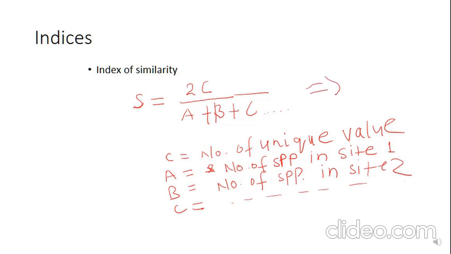If we are interested in estimating dissimilarity between different study sites, we just need to do one thing: subtract this value of similarity from 1, that is 1 minus Ss, and it will provide you the value of dissimilarity.